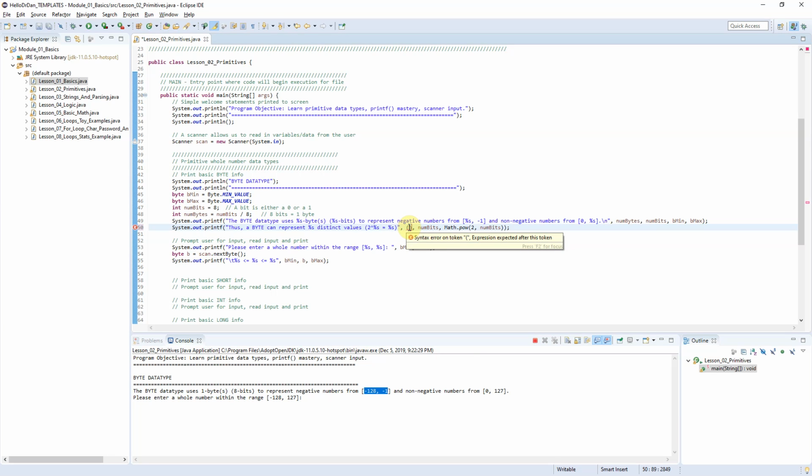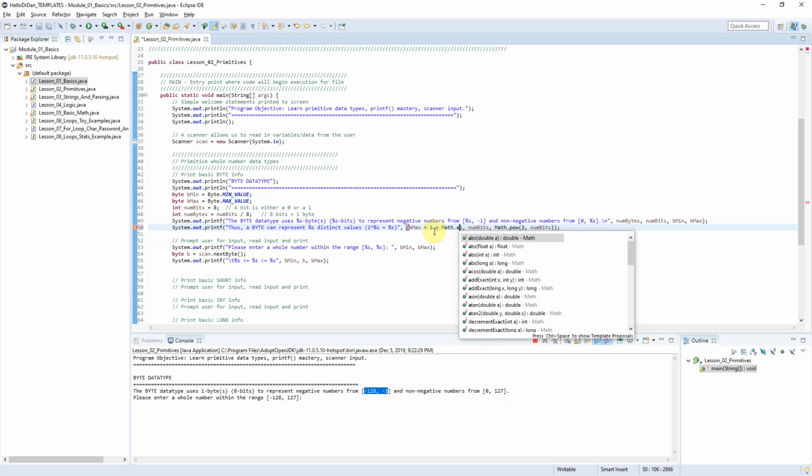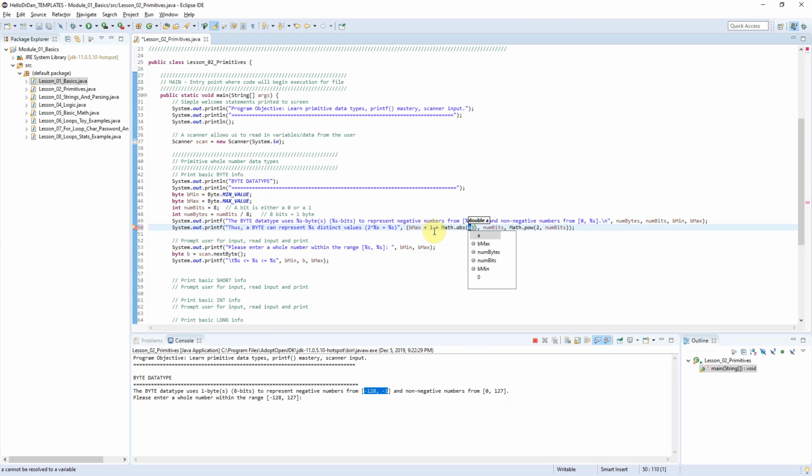I can basically say, well, B max, which is going to give me 127 values, plus one more, so that's going to get the 127 from 1 to 127 plus the 0. So that should be 128 values plus the math.absolute value of B min.